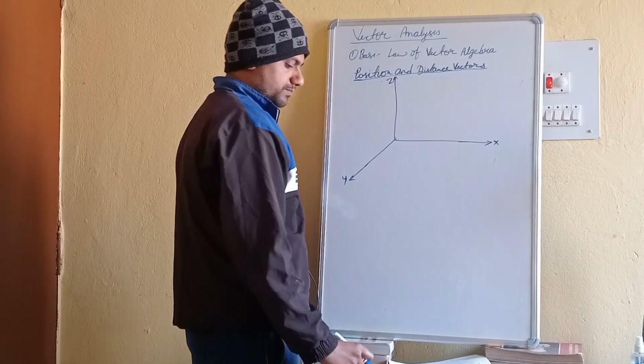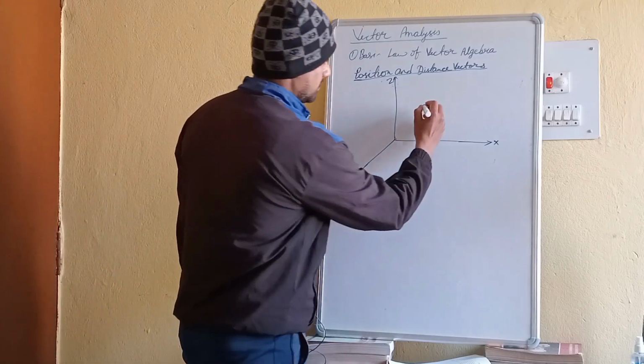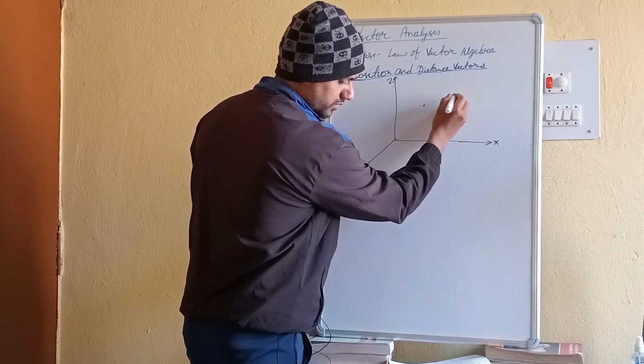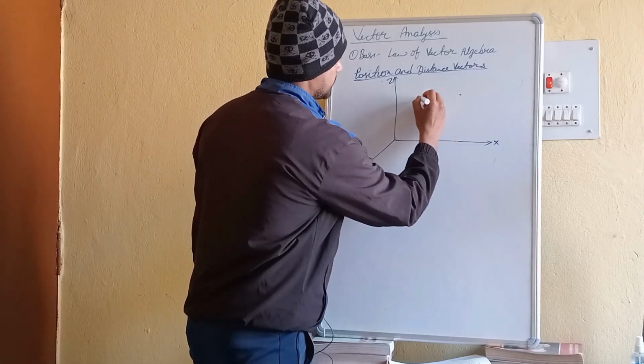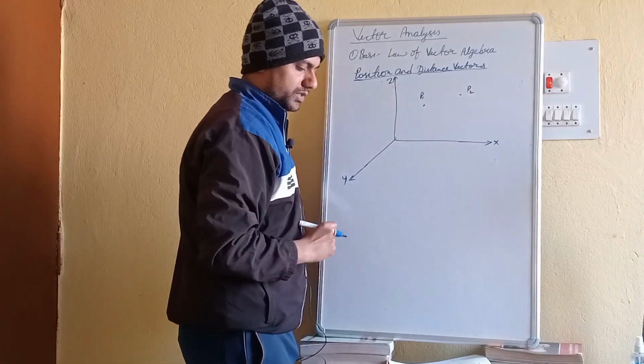Next I'm going to take 2 points. For example, the first point I'm taking here, the second point somewhere around here. These are 2 points. The first point I am naming P1, and the second point P2.